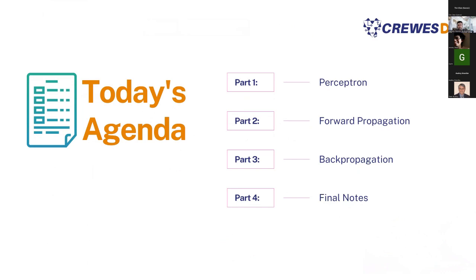We need to understand each one of those parts of a neural network. What is a perceptron? That's also called a neuron. What is the forward propagation? That's the part where we are doing the predictions, even though they might be wrong for the weights that we have. And then that's going to allow us to do the backpropagation to update our weights, and just some final notes.